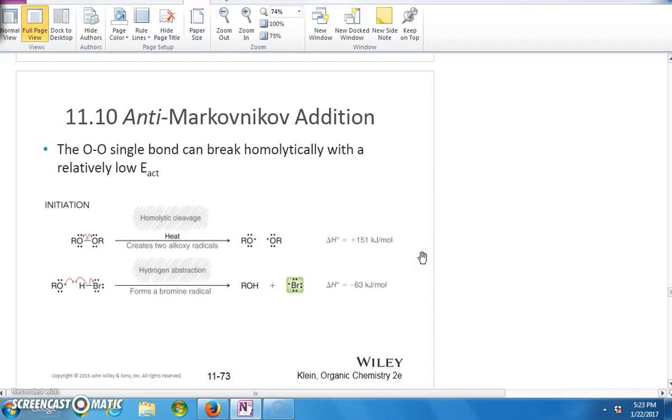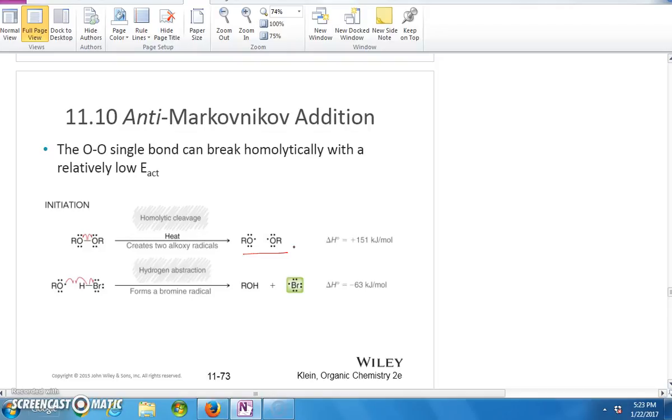Recall that initiators have very weak oxygen-oxygen bonds, and so the resulting radical can be stabilized by resonance. Now, once the radical is formed, it can abstract a hydrogen from the HBr.